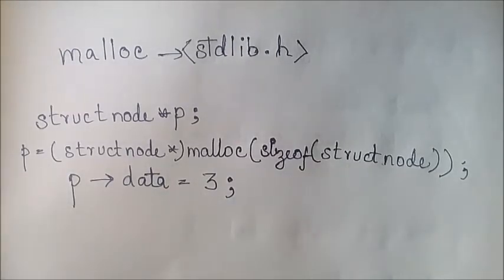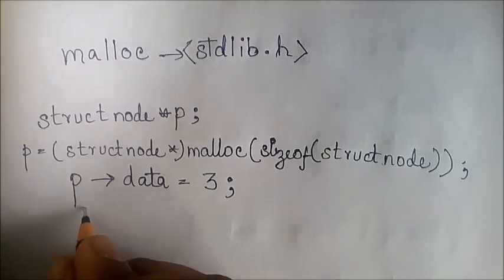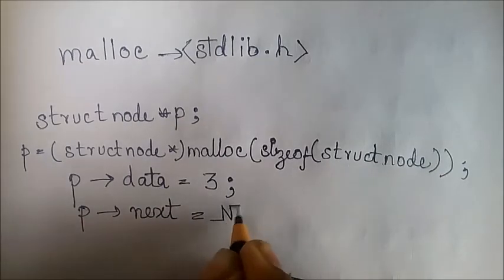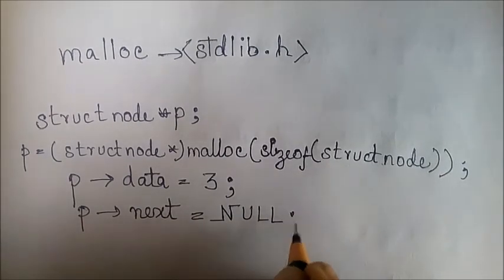For the next part, it should point to the address of the next node or null. So here we are taking it as null. p arrow next equal to null.